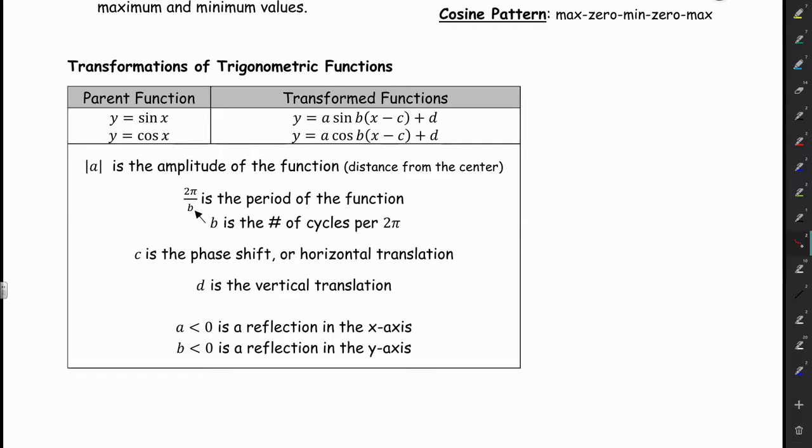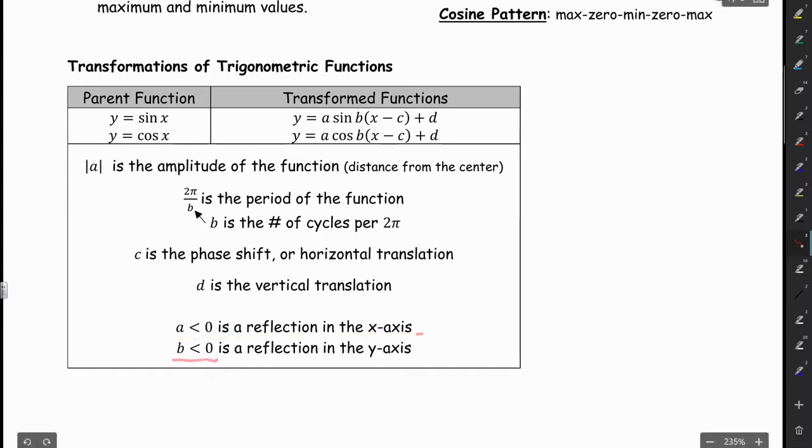That means our center would move to a value of 3 instead of y equals 0. Or if we had d equal to, say, -4, then we would have a center at the line y equals -4.